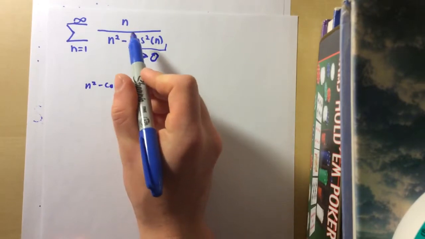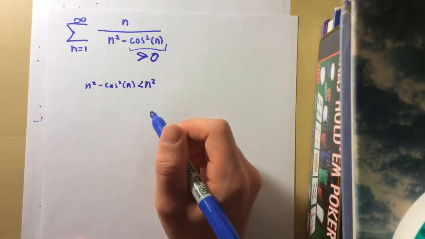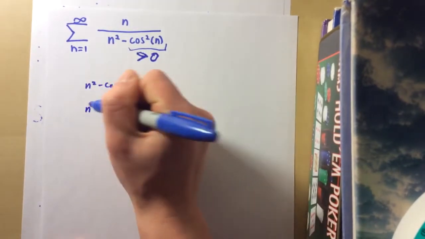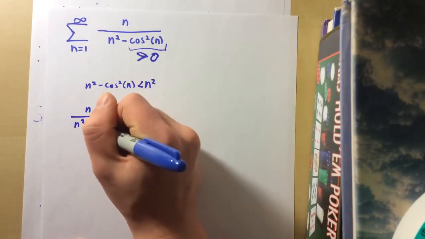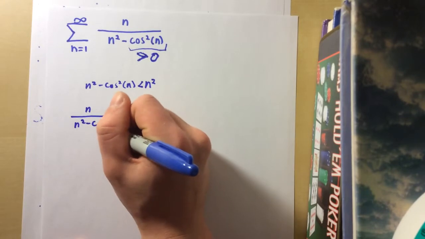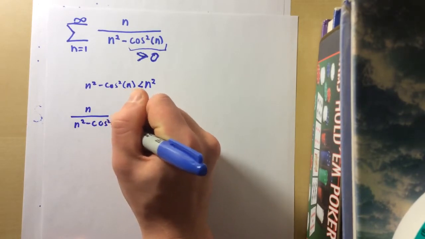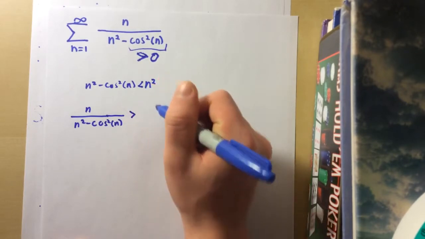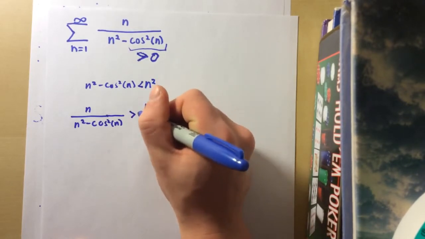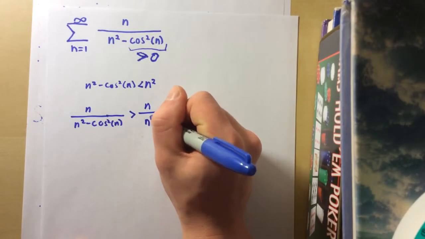But what does that tell us about this series? Well, we can do n divided by both sides and see that n over n squared minus cosine squared of n is going to be greater. We just flip the sign since we're dividing. It's going to be greater than n over n squared.